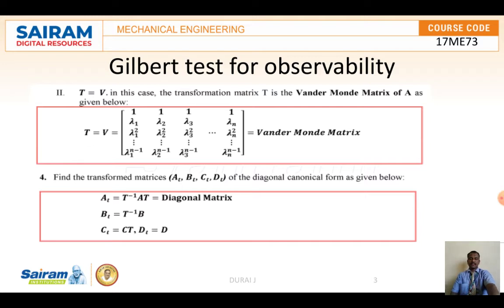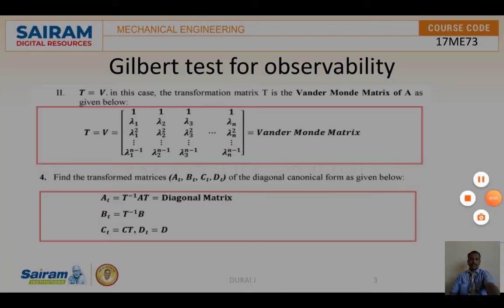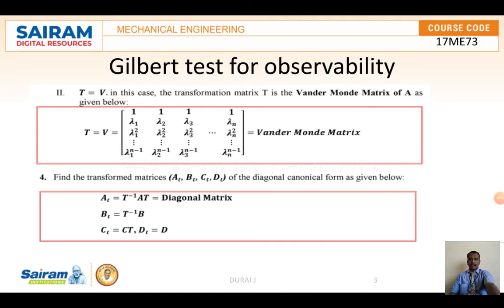Then next lambda 1 square, lambda 2 square, lambda 3 square dot lambda n square, then lambda 1 cube, lambda 2 cube, lambda 3 cube, and it goes on like this. Finally the last row is lambda 1 power n minus 1, lambda 2 power n minus 1, lambda 3 power n minus 1, dot lambda n power n minus 1. So this is called the Vandermonde matrix.